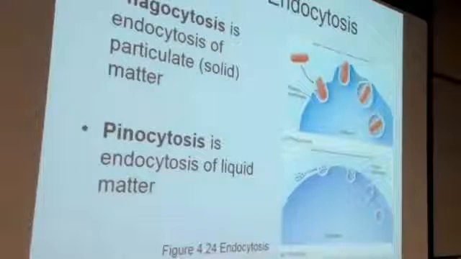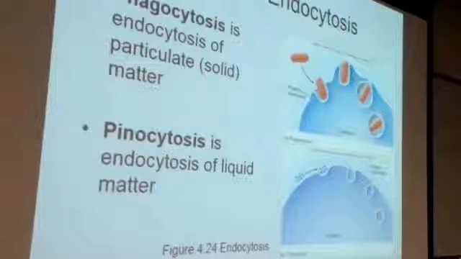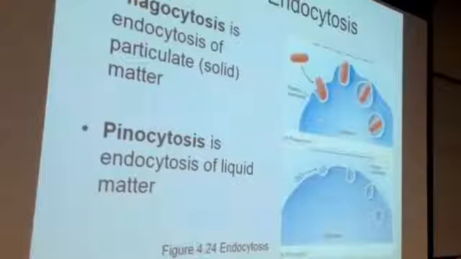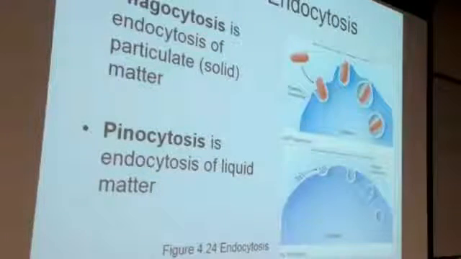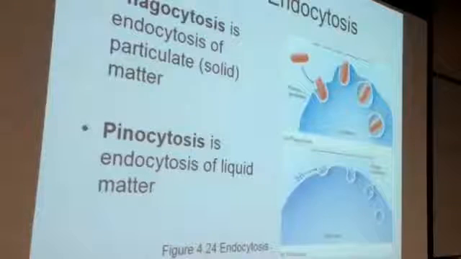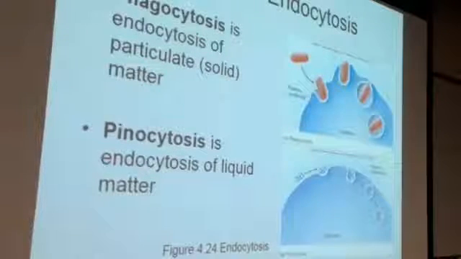So if there's a certain type of cell that needs to accumulate some amino acid that other cells in your body won't use, then it will gather it by receptor-mediated endocytosis. Okay? Your liver takes the excess cholesterol out of your blood. This is how it gets it, by receptor-mediated endocytosis.